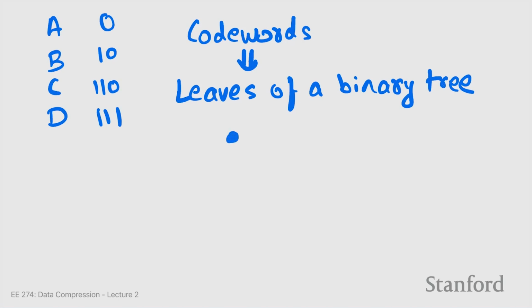So you start with a root, right? Every binary tree has a root. And in a binary tree any node will be either a leaf or it will have two children. So the root here has two children. One is the left child, which we'll call 0, and the right child is 1. And A is the leaf here. Let me draw it and then we will discuss.